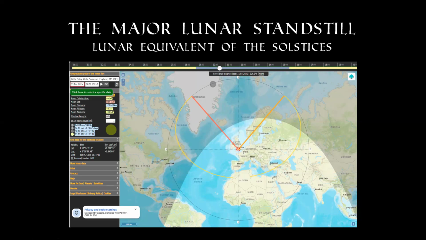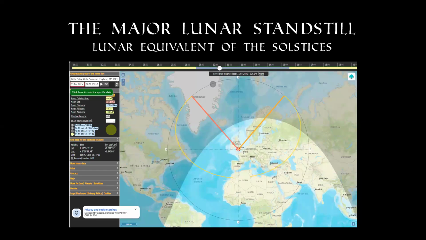This is the most northerly point, where I am here, I should say, where the moon will rise from, because this is the major lunar standstill, which is where you have the most northerly rising point of the moon and the most southerly rising point. Now, in the way that the most northerly and southerly rising points of the sun occur over the course of one solar cycle, so 1 year, with this major lunar standstill that we're having at the moment, this extreme northern and southern rise of the moon occurs over the course of one lunar cycle, 1 month.